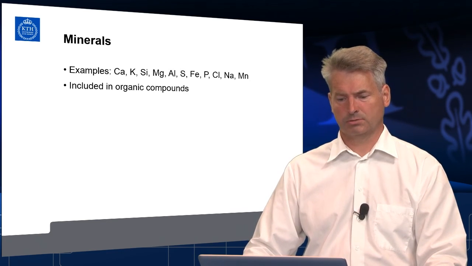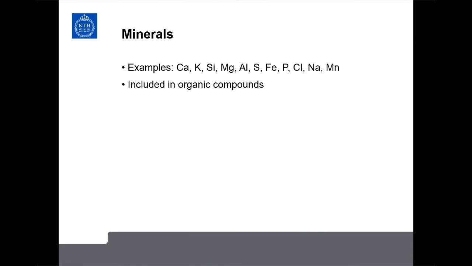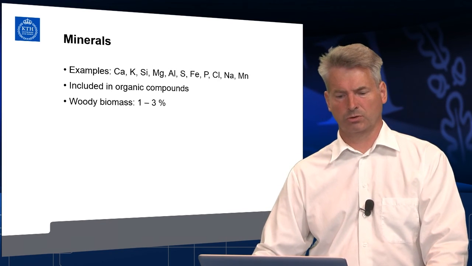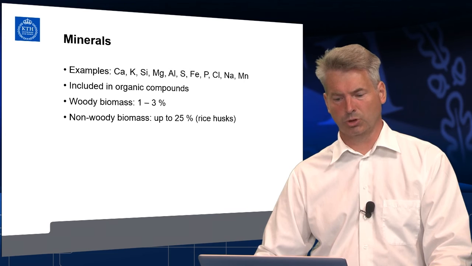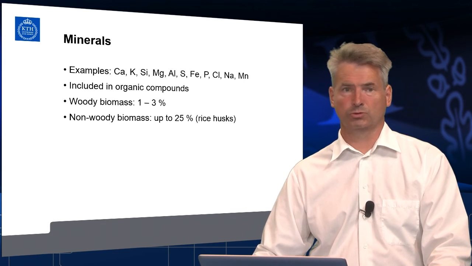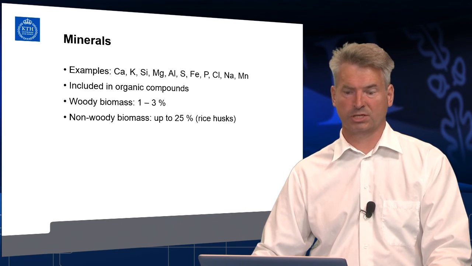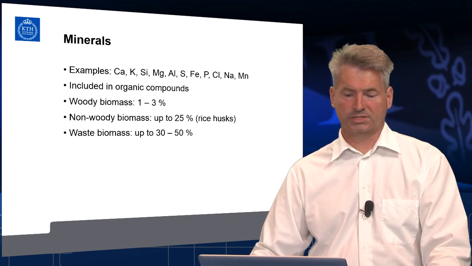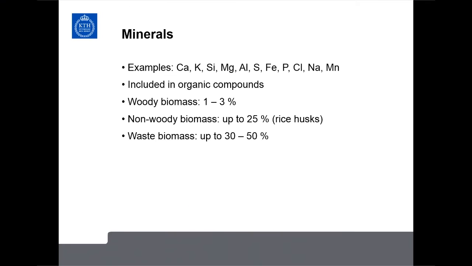And these compounds are included in the organic compounds in the plants. Woody biomass has a content of between 1 and 3% of minerals, while non-woody biomass can have up to 25%, as rice husks, for example. Waste also contains a large amount of different minerals, up to 50%.